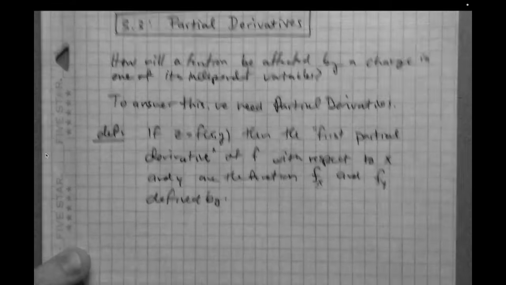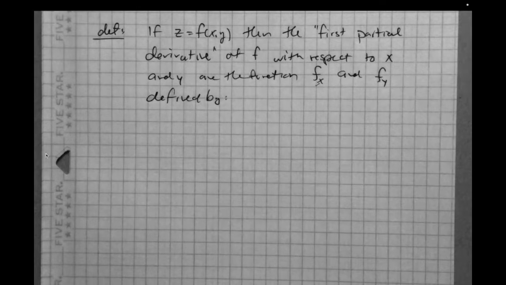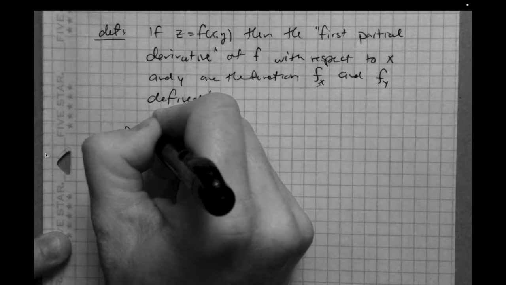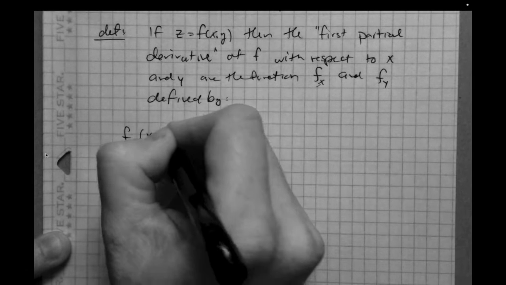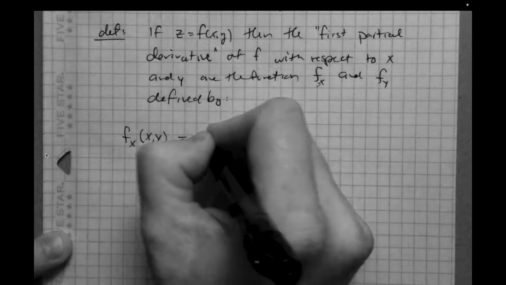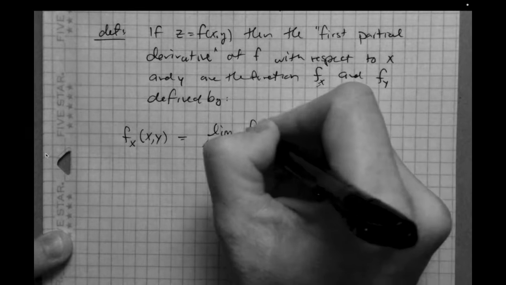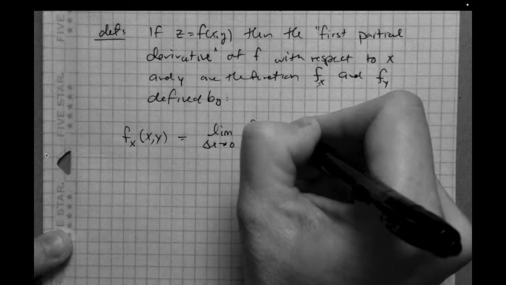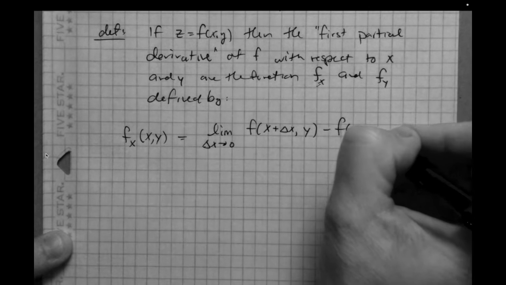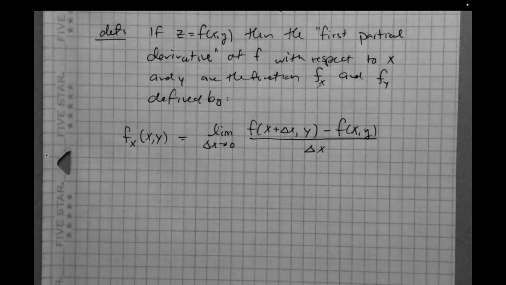and this definition will be very straightforward if you've been following us up through Calculus 1. So f sub x of x, y, the partial derivative with respect to x, is equal to the limit as delta x goes to 0 of f of x plus delta x comma y minus f of x comma y over delta x.